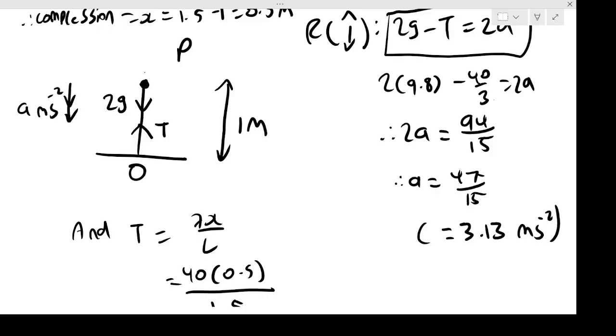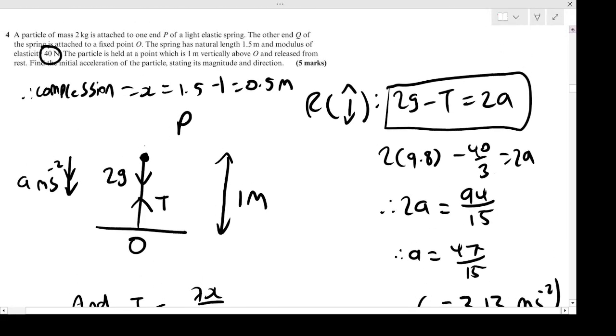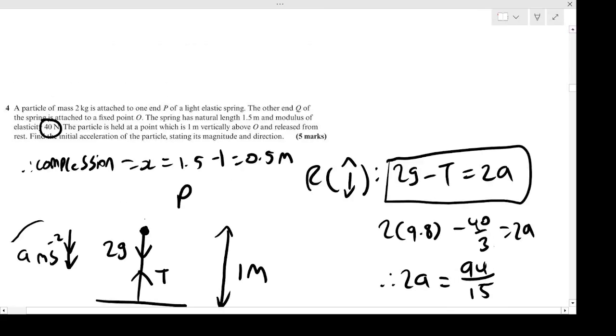So that's my acceleration. So there we are. So the acceleration is positive, which means indeed it is downwards. So that's going to be 3.13 meters per second squared downwards.